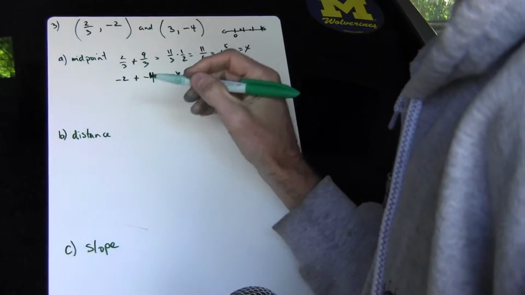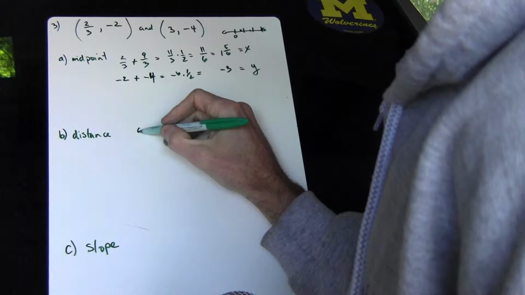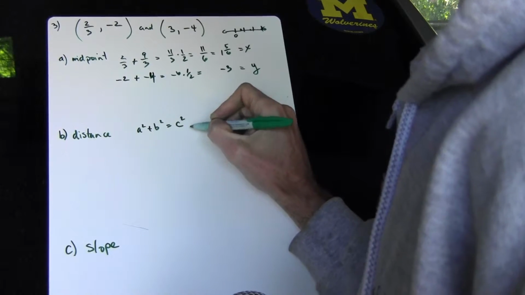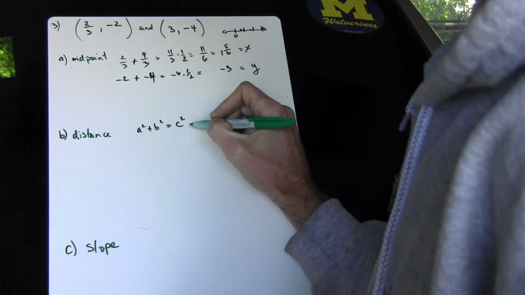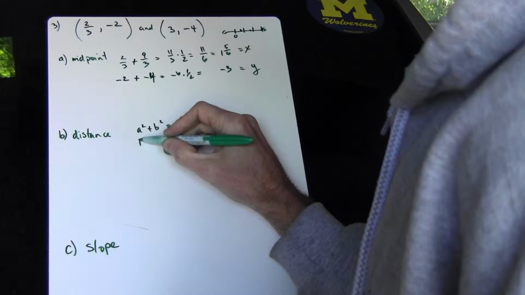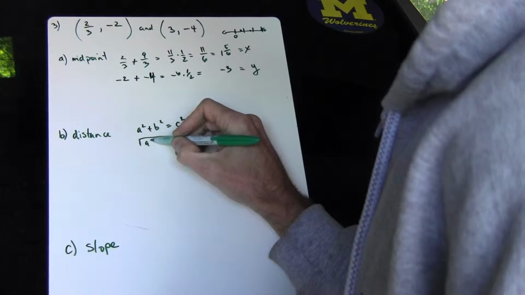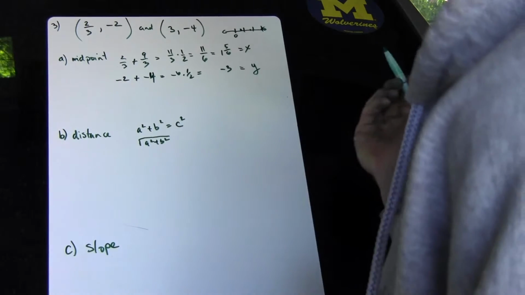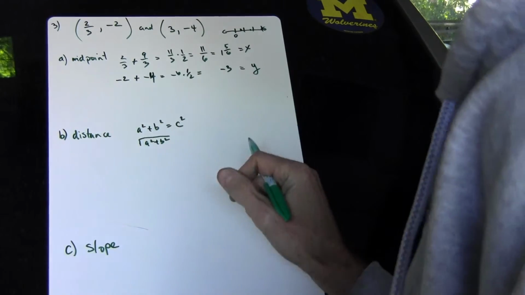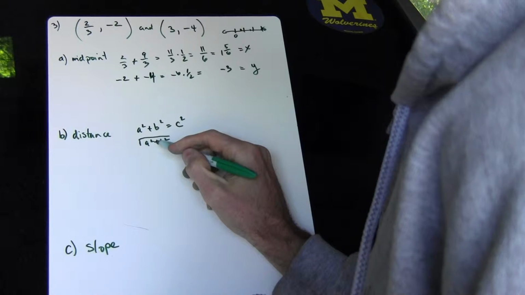Basically it's the Pythagorean theorem: a squared plus b squared equals c squared, and we want to find just c. That's going to be taking the square root of a squared plus b squared, with a representing the distance between the x values and b the distance between the y values. Hopefully that can help you remember it.